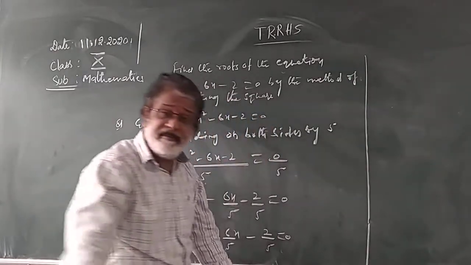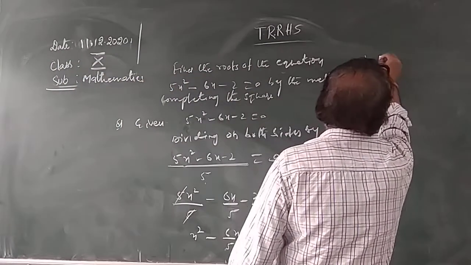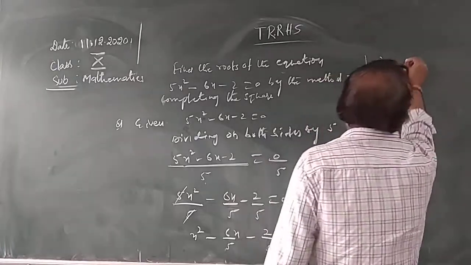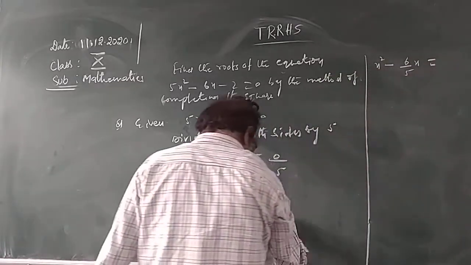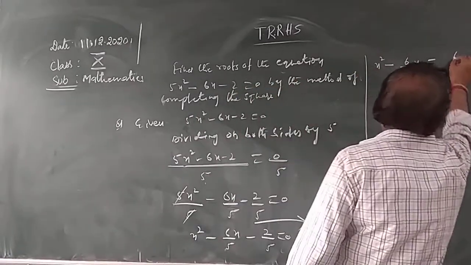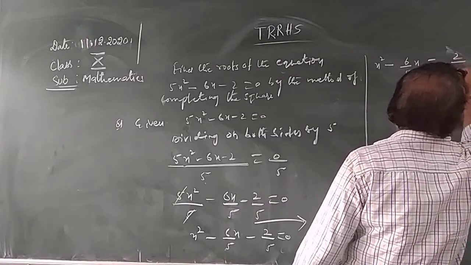Now the −2/5 moves to the right side and becomes +2/5.